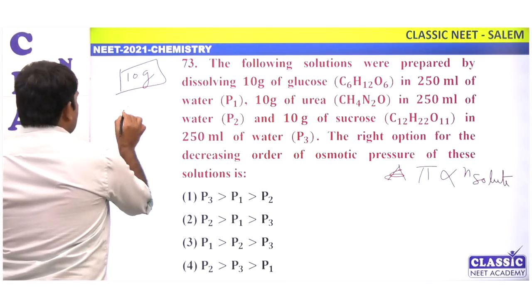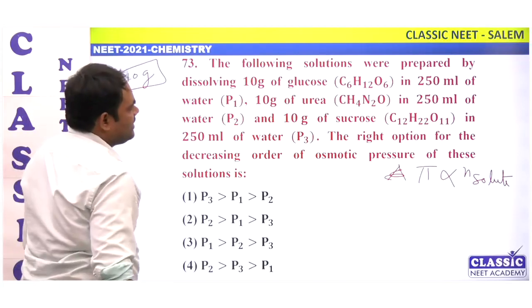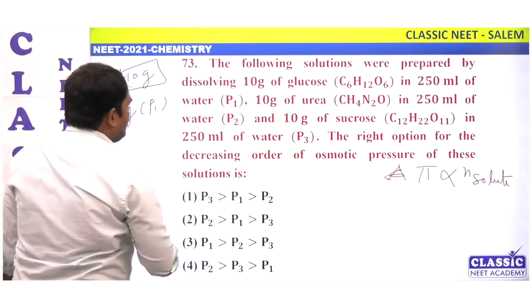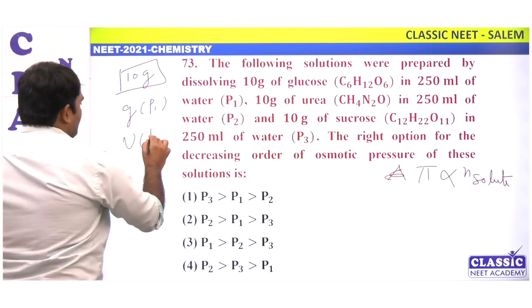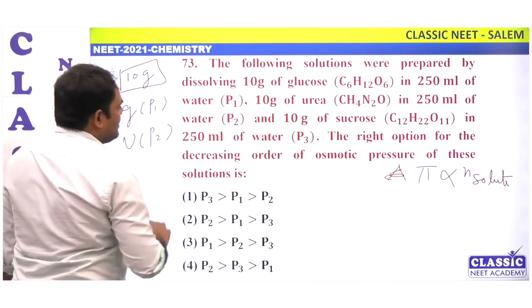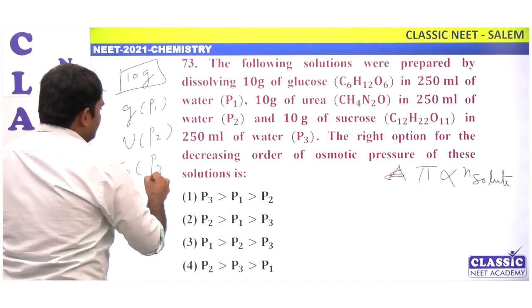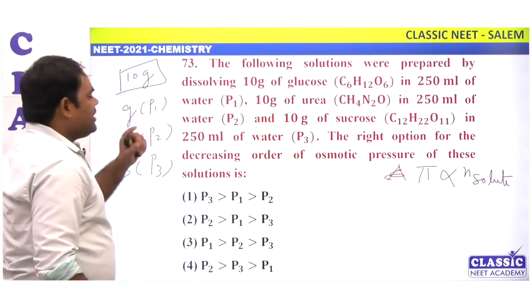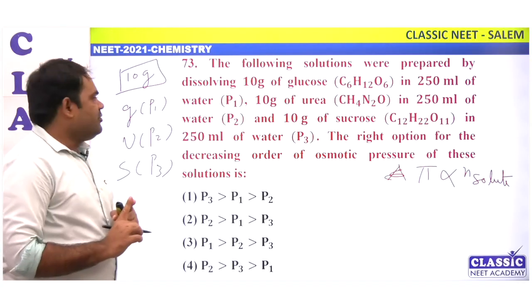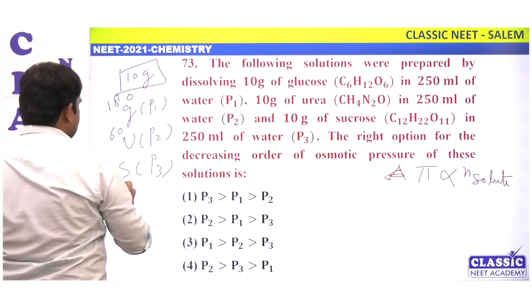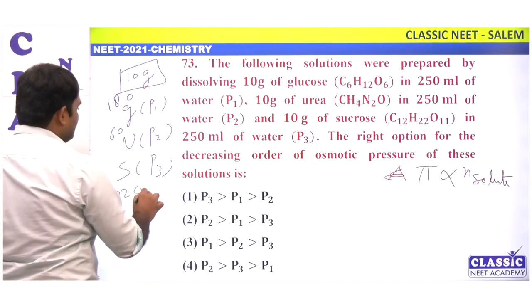Glucose gives pressure P1, urea gives P2, and sucrose gives P3. You know the glucose molecular weight is 180, for urea 60, for sucrose 320.